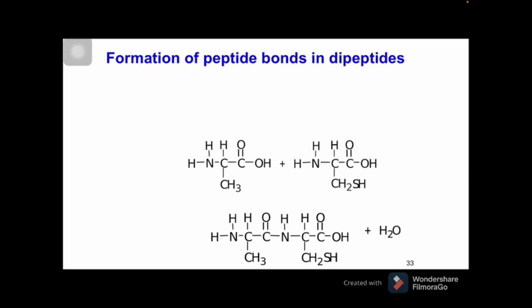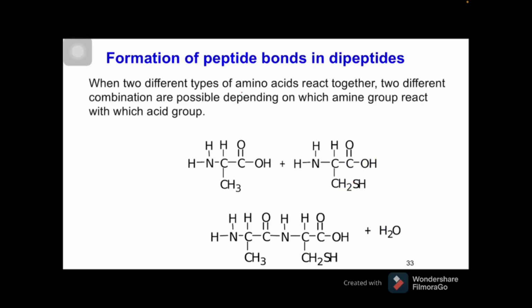Okay, look at the second example. When two different types of amino acid react together, two different combinations are possible depending on which amine group reacts with which acid group. Alanine and cysteine. What happened?